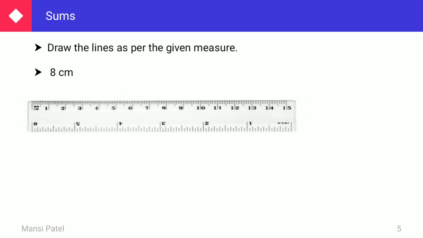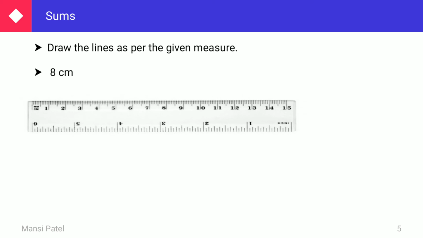In the starting point, in many scales they write 0, but in this scale they write centimeter and millimeter instead, so it is considered as 0. Whenever you have to draw any line, first you have to start it from 0.